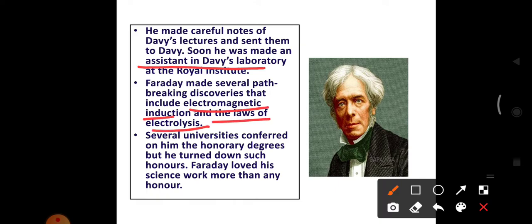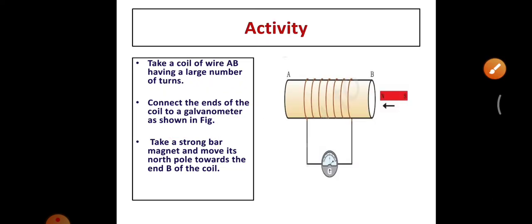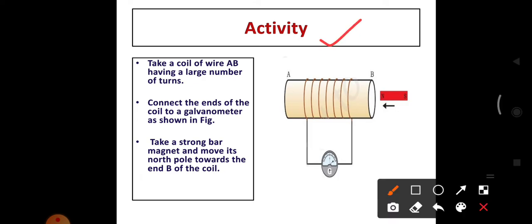Many universities wanted to confer degrees on him, but Faraday did not like that. Faraday loved his science work more than any honor. So what did he do? What did he discover?